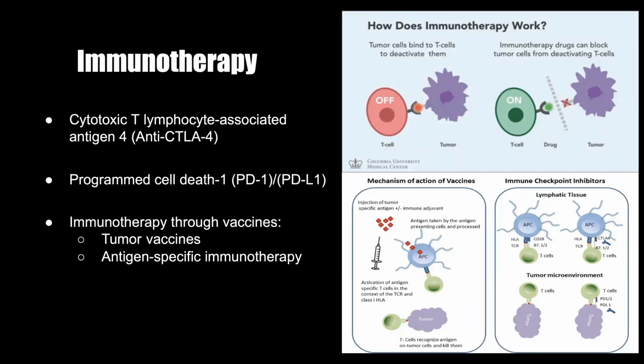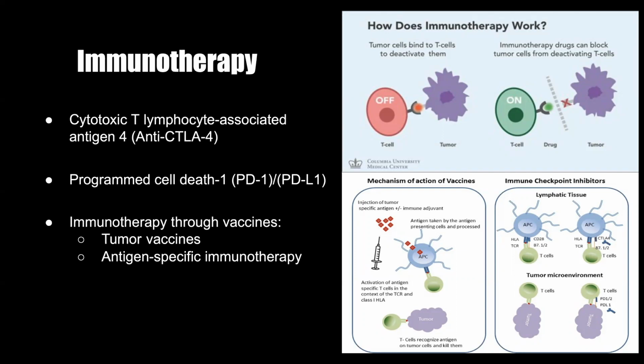So immunotherapy is a treatment for lung cancer. Essentially, immunotherapy drugs block the tumor cells from deactivating T cells. So we have cytotoxic T lymphocyte-associated antigen 4, and these drugs function to inhibit the binding of the CTLA4.